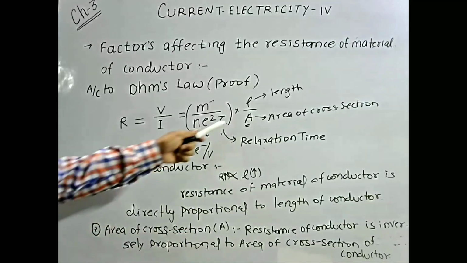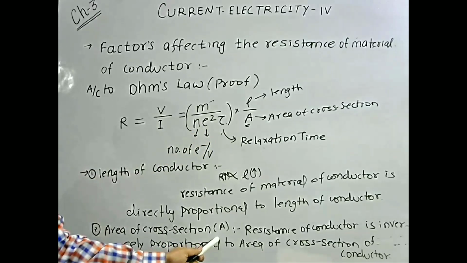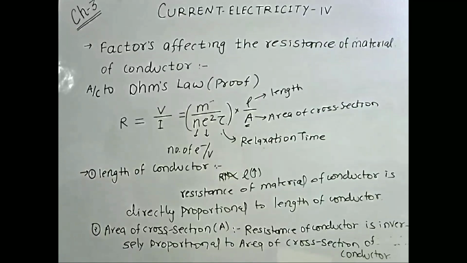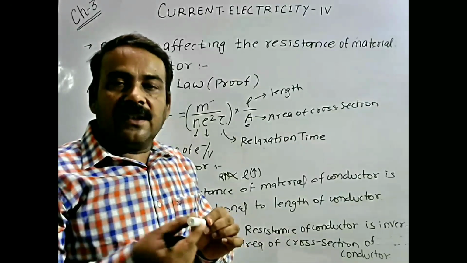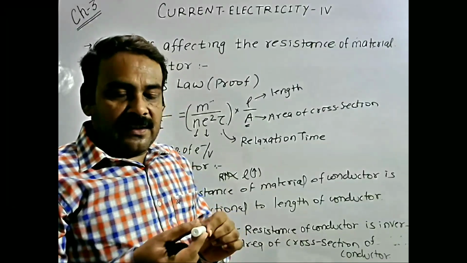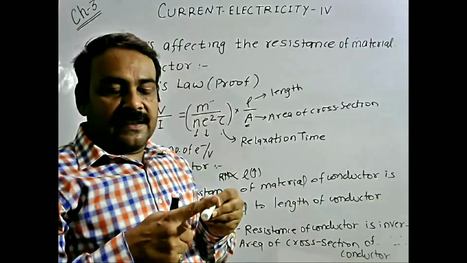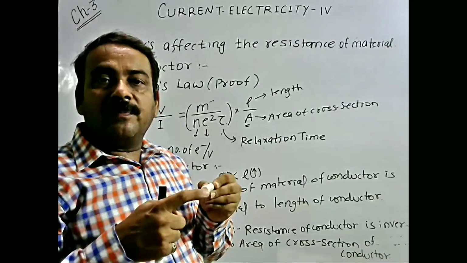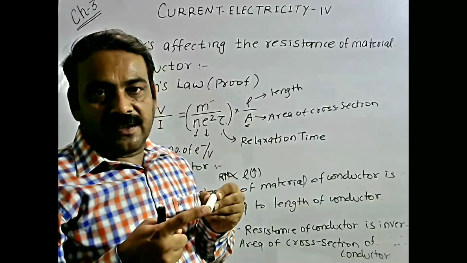And second factor is depends on area of cross section, capital A. You know what is area of cross section? Area of cross section means, suppose this is cylindrical body. If it cut perpendicular to its length, then area which is obtained in this portion called here area of cross section. Clear?